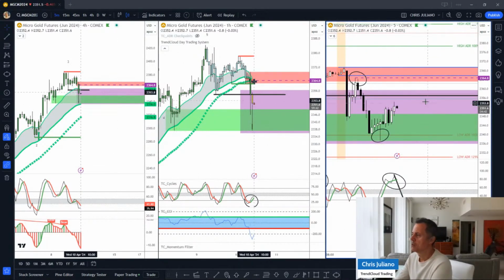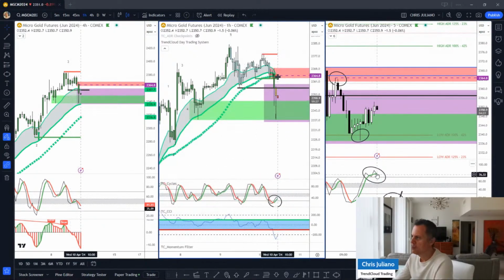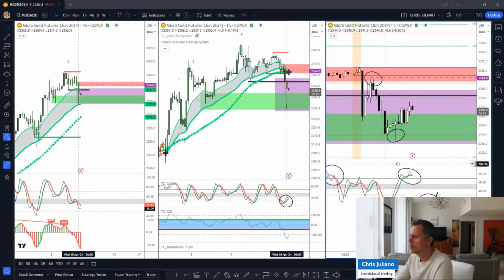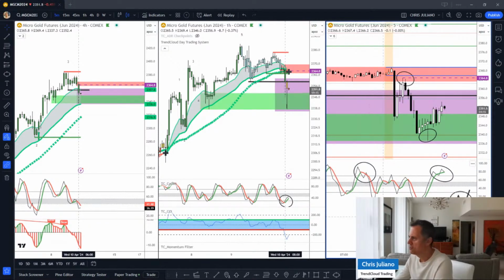Again, right? Here, look at that crossover. Take a look at what's happening right here. Look at how we're getting that double crossover, right? Just like this. That's the pattern. Here's a double crossover.